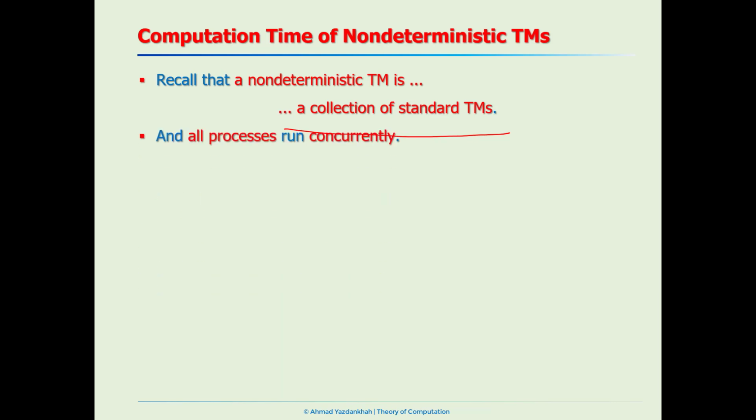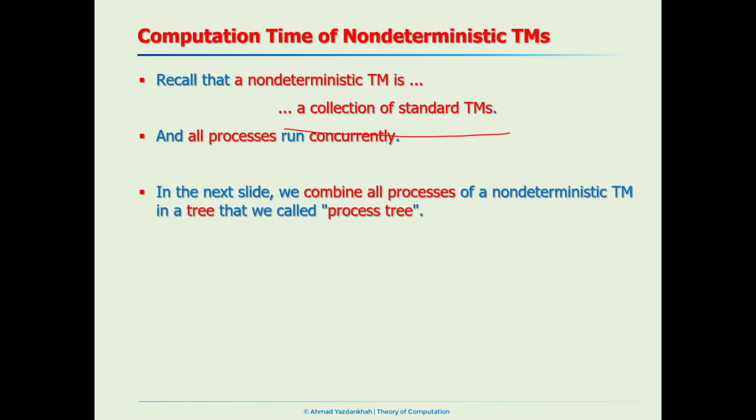If we show all of these processes using a one-dimensional projection and put all of them in one tree that we call the process tree, we would have a better picture of how to define the computation time of a non-deterministic Turing machine.